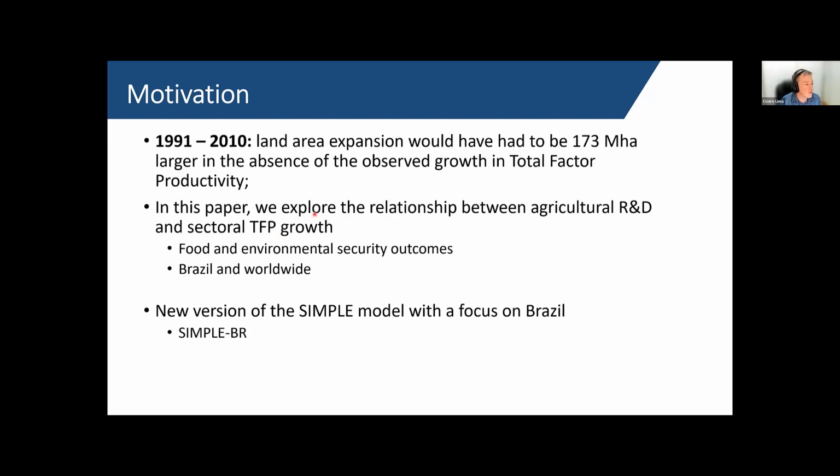So in this paper, we are exploring this relationship and focusing on food and environmental security, for Brazil and worldwide.